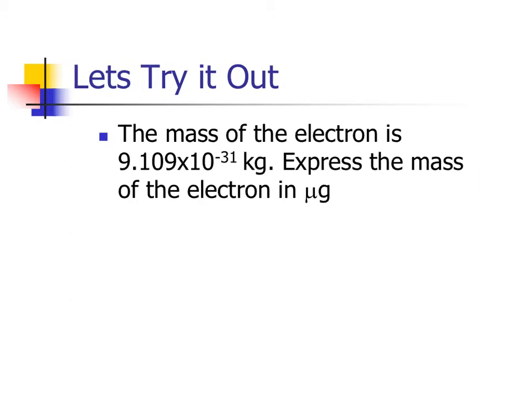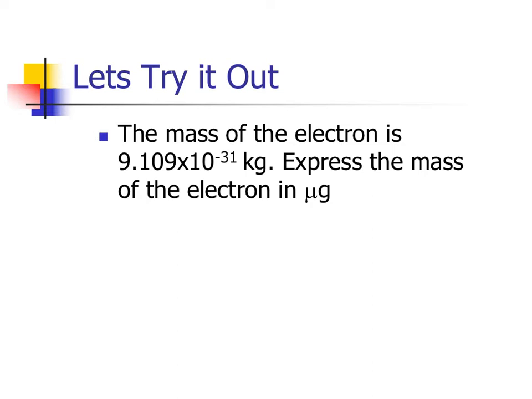So I think the best way to start a lot of converting is actually doing converting problems. The mass of an electron is seen as 9.109 times 10 to the negative 31 kilograms. Now express that mass in micrograms. That's skipping some steps.